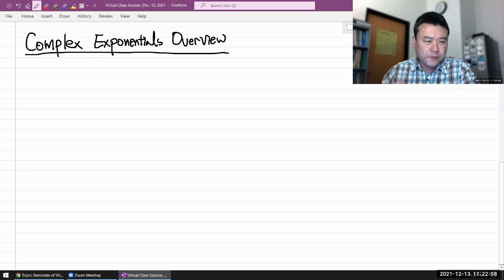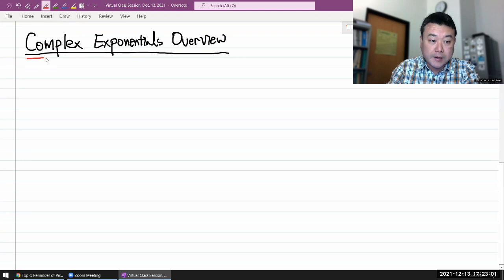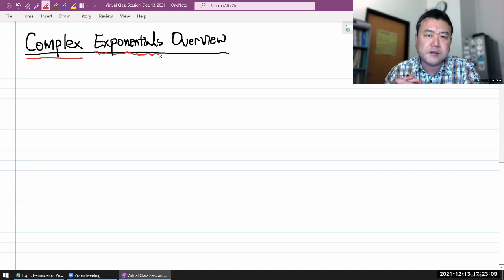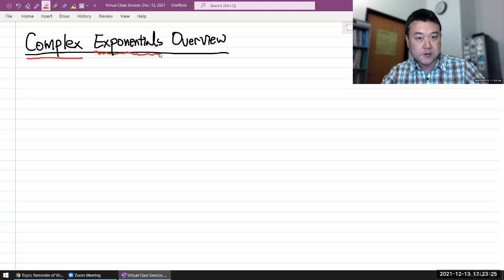But both of these ideas, complex numbers and the idea of complex exponentials, I find that they don't get enough proper emphasis in a math class. It's the kind of thing that we can really only properly cover with the right kind of emphasis and with the real applications you see in the real world.